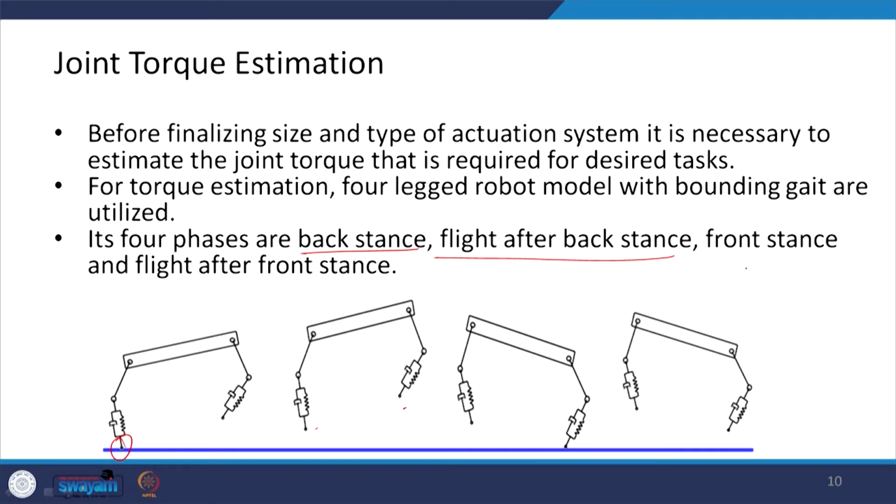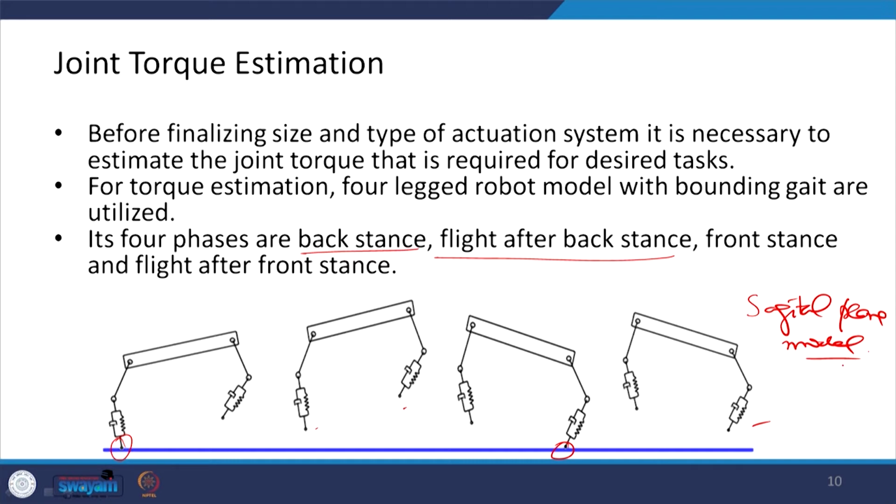Here this is the front stance, the front leg is in contact with the ground, and this is the flight after the front stance. Here again both the legs are in the air. And this is actually, what I was telling you, the sagittal plane model of the four-legged robot.